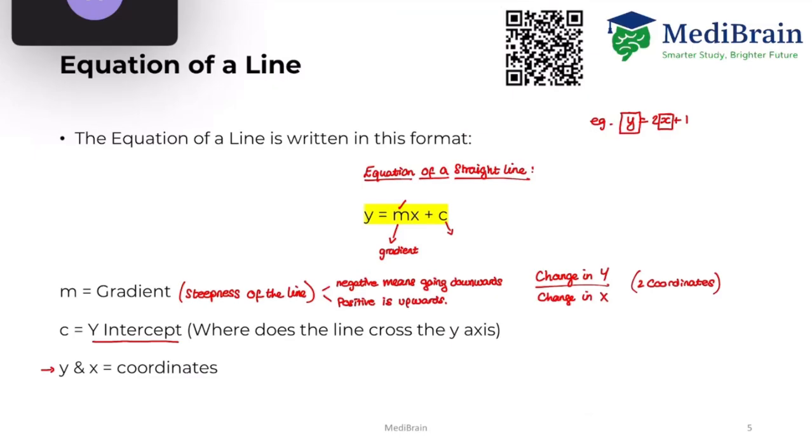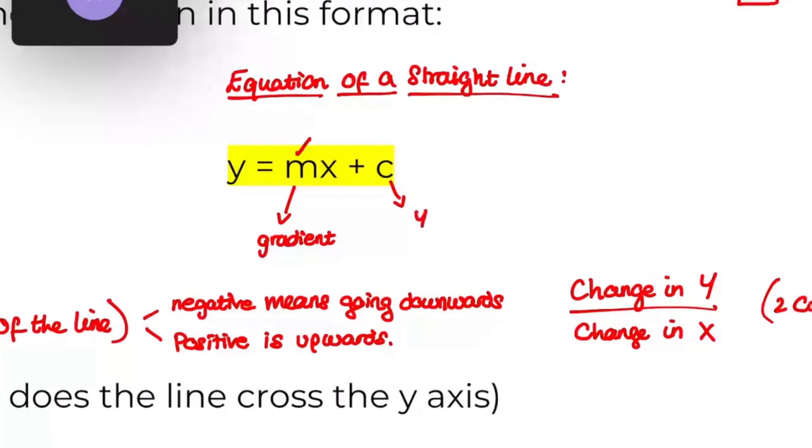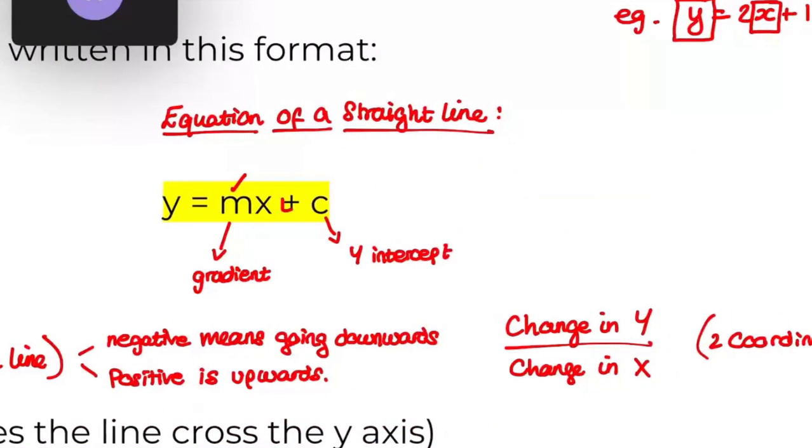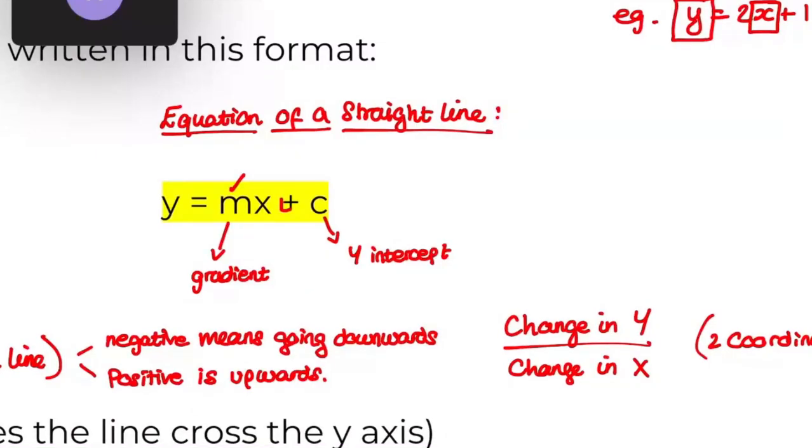Okay, so that's what the c stands for. The c stands for the y-intercept. It is the place where the line crosses the y-axis.